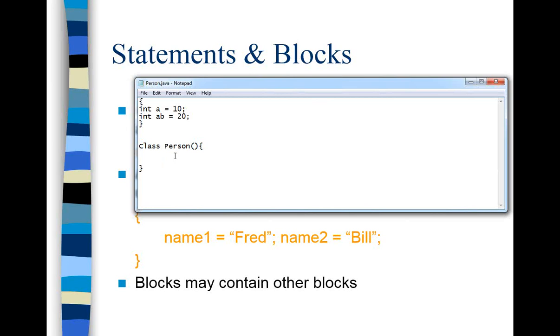Otherwise, you won't know where your person class is ending. If we don't write this, we will have an error, right? So for a class, it is mandatory to write these braces, but you also write braces for if statement, right?